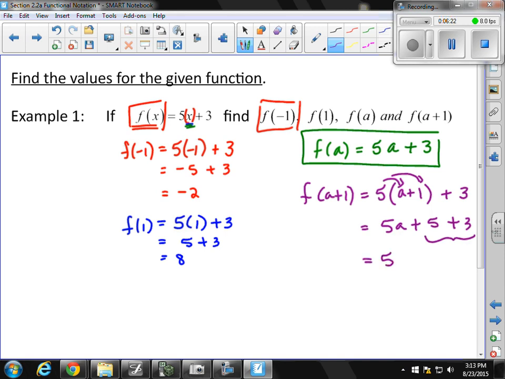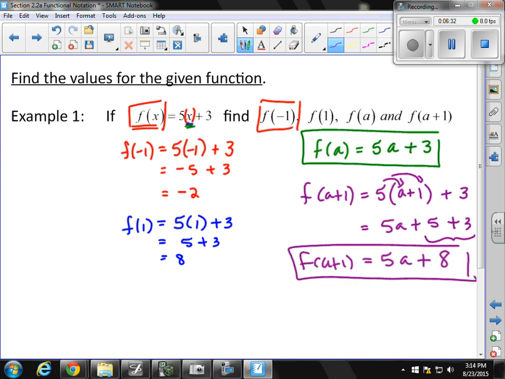So f of a plus 1 is 5a plus 8. And that would be my answer for that. Sometimes you're getting answers that are strictly numeric values, like negative 2 and 8, and sometimes you're getting values that are still expressions.